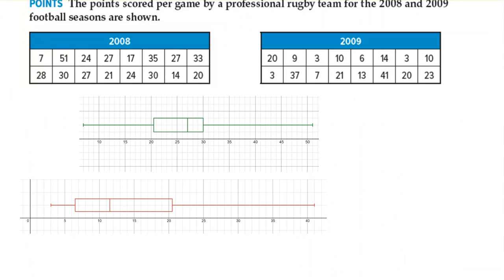Okay, so our green here is 2008, and our red here is 2009. If we can compare the different values that we have here, let's actually make them the same size.